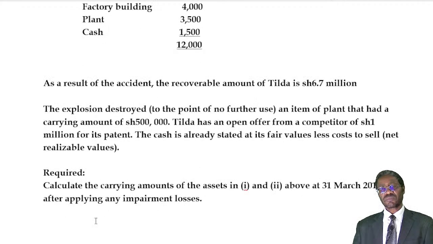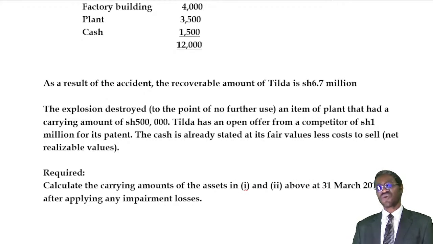Next, the explosion destroyed, to the point of no further use, an item of plant that had a carrying amount of 500,000. Tilda has an open offer from a competitor of shillings 1 million for its patent.